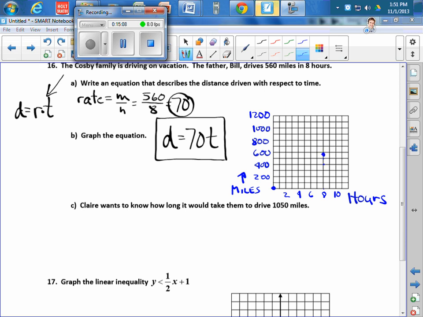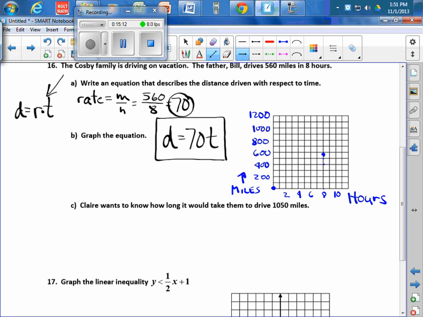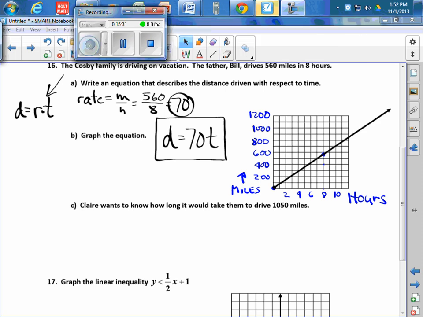So right about in there, right? So I'm going to graph that line. And it'll look kind of like that. So there's the graph of this relation.